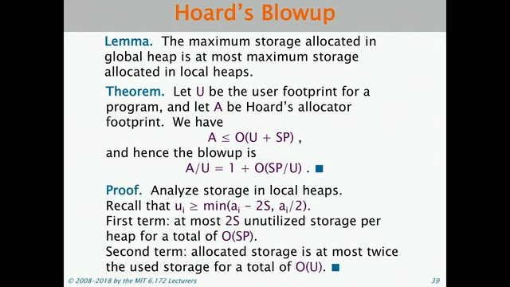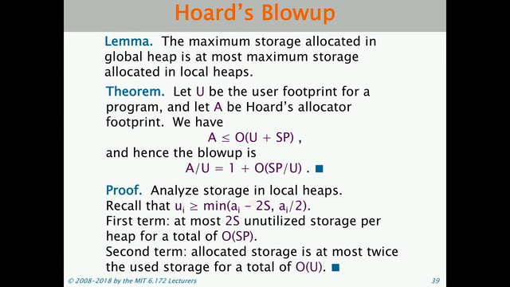OK, so let's see how this proof works. So we're just going to analyze the storage in the local heaps. Now recall that we're always satisfying this invariant here, where u sub I is greater than the min of a sub I minus 2s and a sub I over 2. So the first term says that we can have 2s unutilized storage per heap.